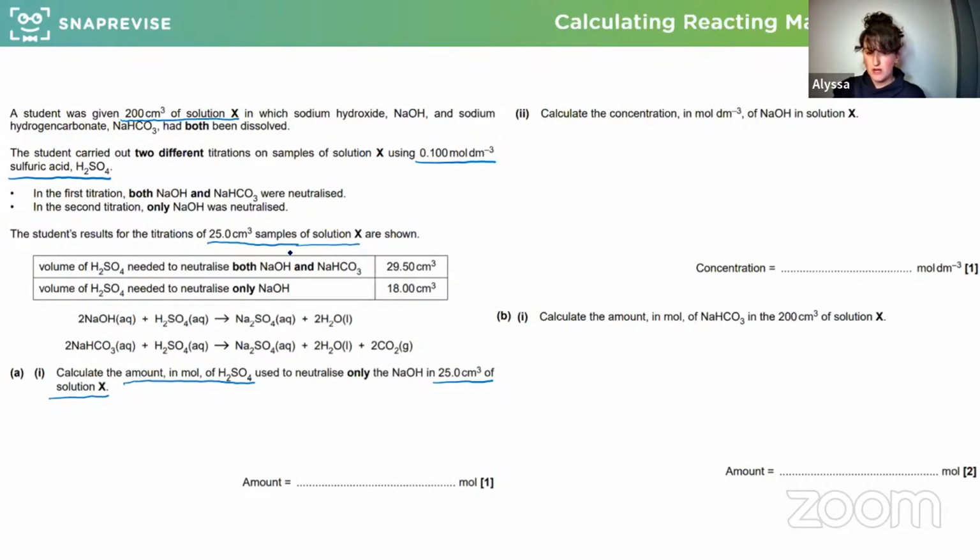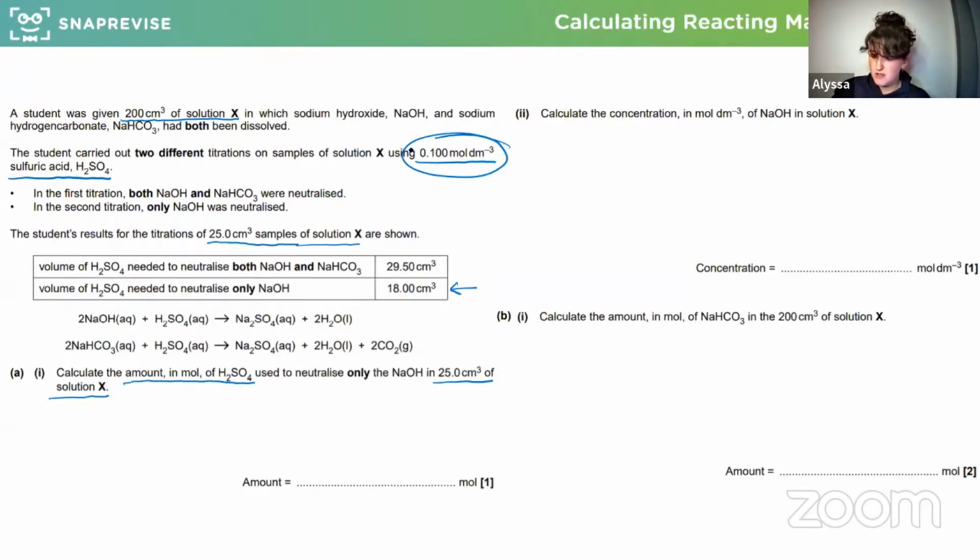Oh, that looks promising. I've got a volume of sulfuric acid of 18 cm³. They want an amount in moles. So I've got a volume and I'm trying to work out moles. The thing that links them, or that would be useful to have, is a concentration. Do I have a concentration? Yes, I do. That was earlier in the question.